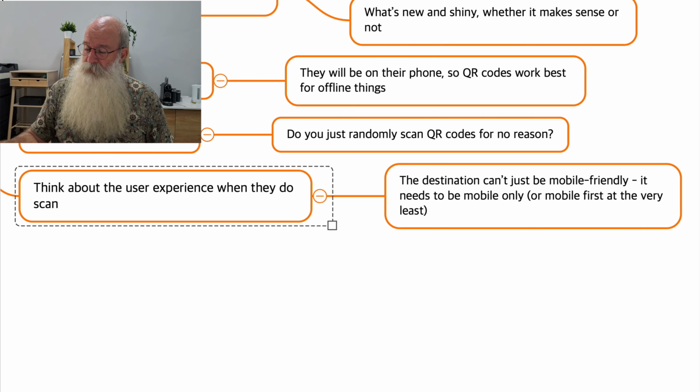Keep your page nice and simple so that when they're looking at it on a phone, if they're like me and they're not wearing their glasses half the time and everything's a bit blurry, they can still do what they need to do and what you want them to do without desktop things getting in the way. And that's what I mean by mobile first or mobile only. The page that they get to after scanning the QR code might look like complete rubbish on a desktop, but that doesn't matter. It's designed for being used on a phone.